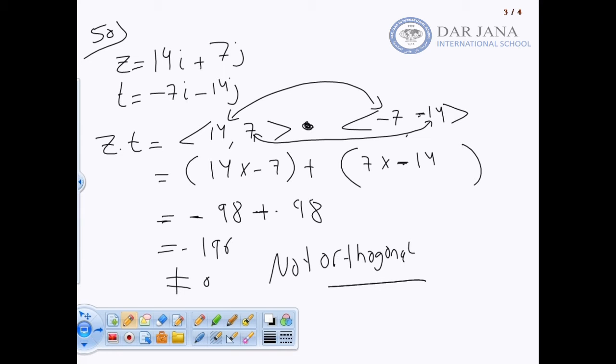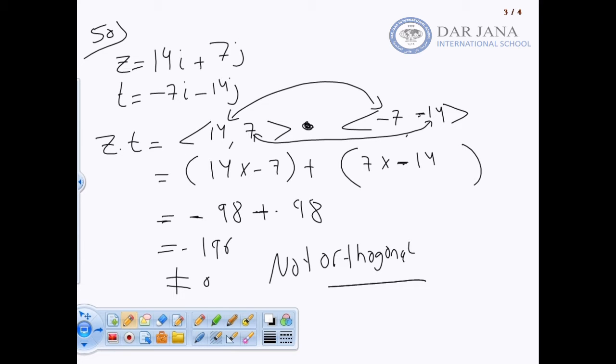Also, we know that two vectors V and W are parallel if and only if V equals C times W, where C is a scalar, a constant.